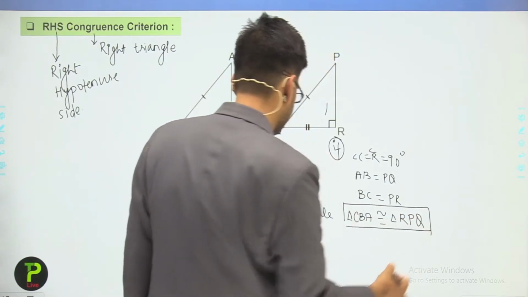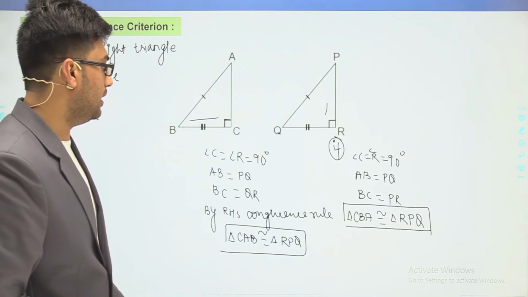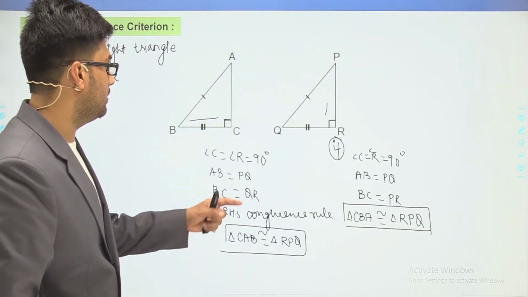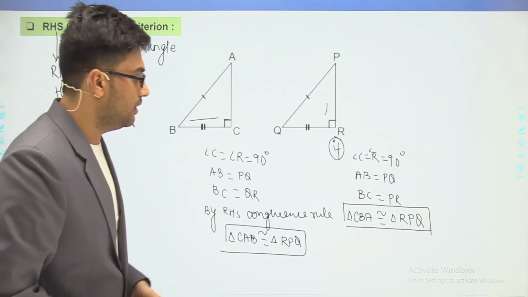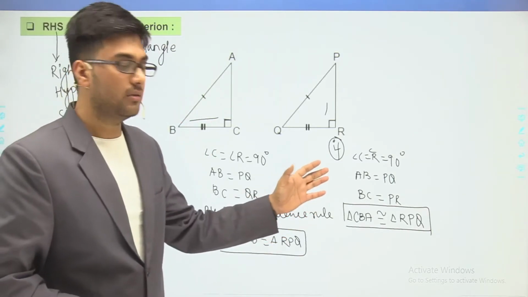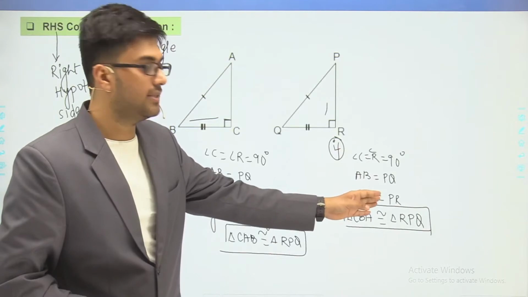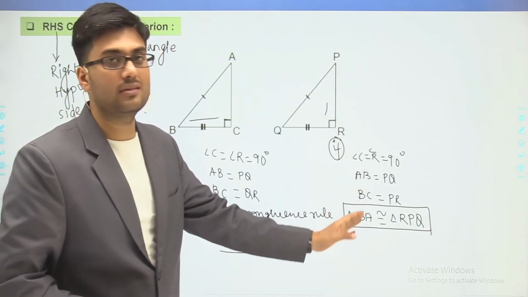Clear? RPQ. And in the earlier condition we write CAB. Okay. So students, here if BC is equal to PR, then we have to write in this manner.